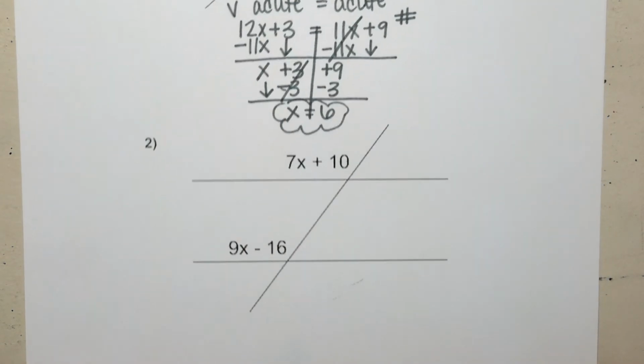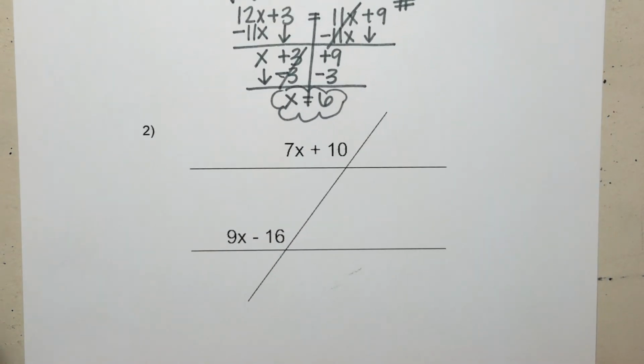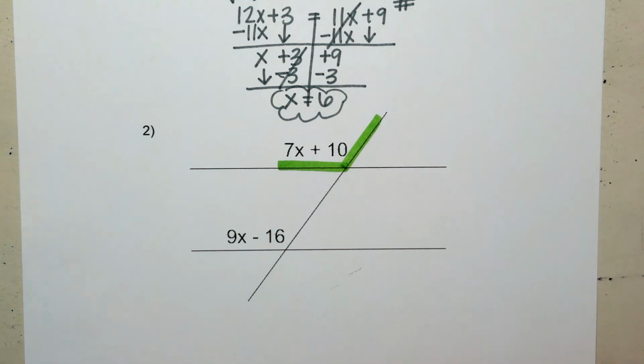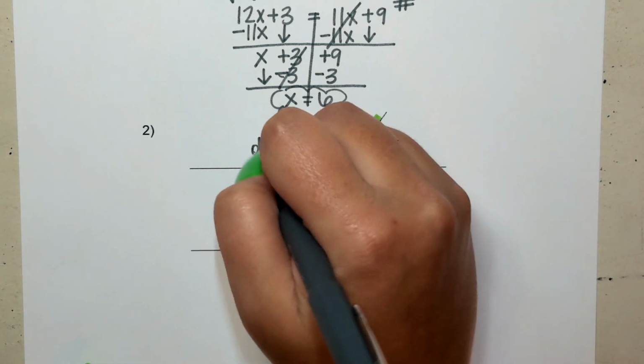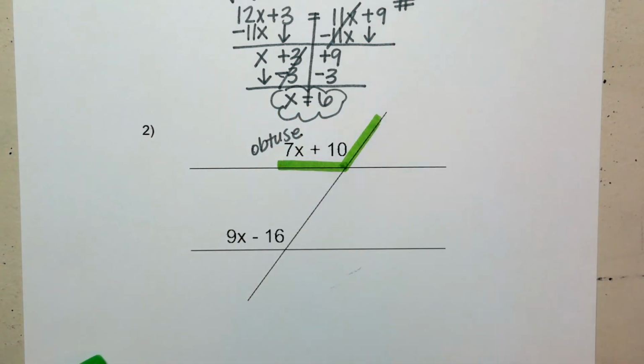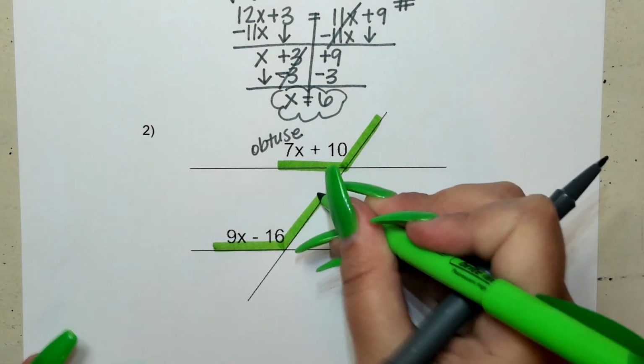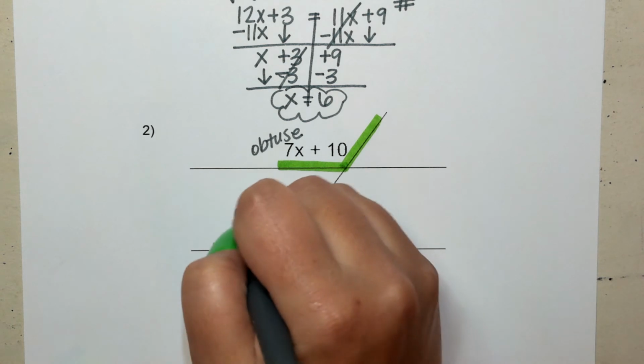Number 2, again, the first step is to decide what type of angles we have. So let's look at the first one. The first one is obtuse. And the second one is also obtuse.